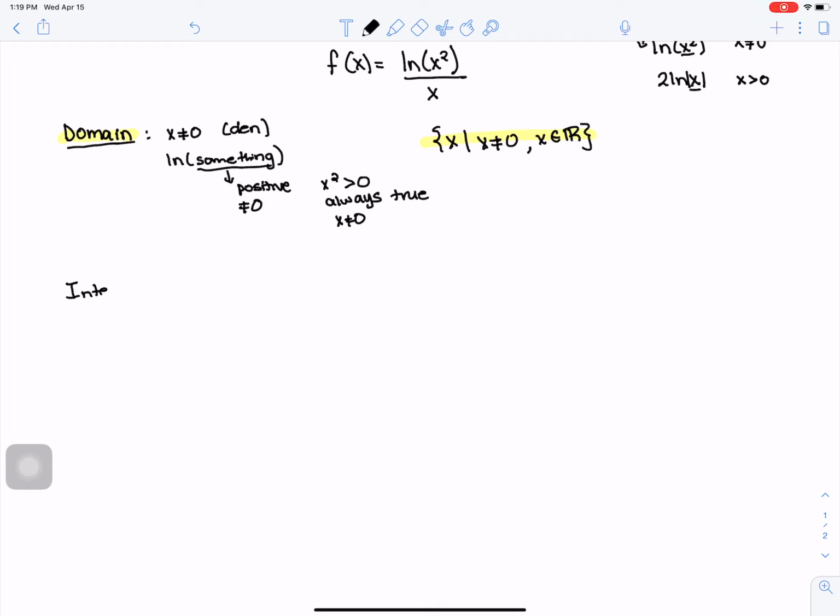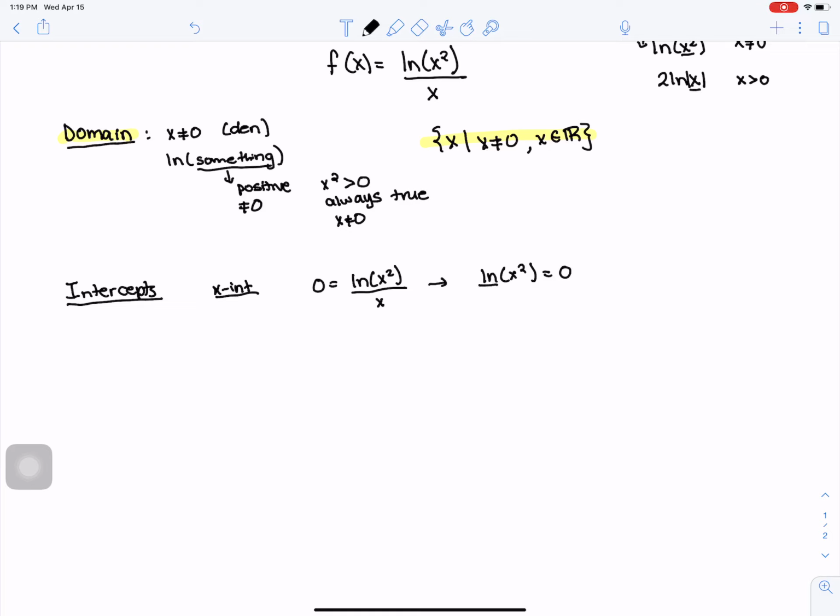Let's go through and do our intercepts. We want to think about where does the graph have an x-intercept. So the x-intercept, we're going to set y equal to 0 and solve for x. So I multiply both sides by x. So ln x squared equals 0. And again, at the start of the course, we used to practice these.